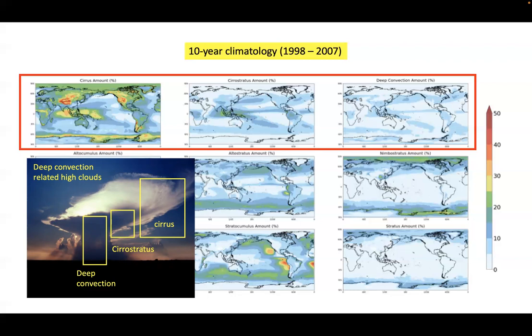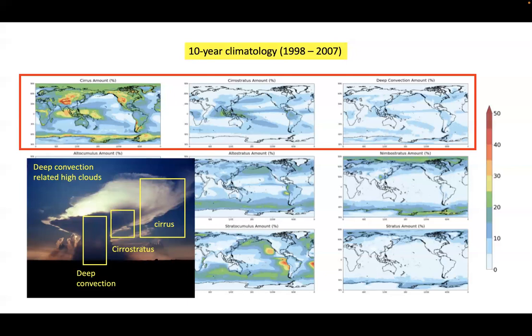So that's classified as deep convection. The part that extends out, that's still very thick, is what we call envelope clouds, and will be classified as cirrostratus. The thinnest, outermost part, which lasts longer after the storm dissipates, will be classified as cirrus clouds. So in this sense, they go together.